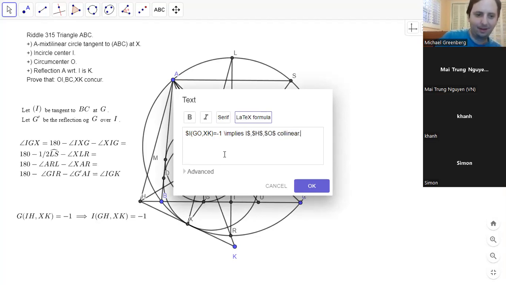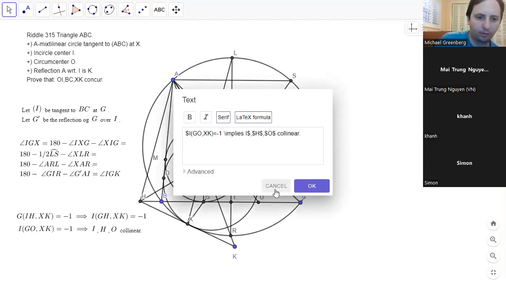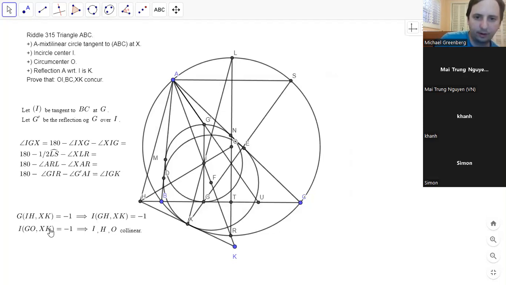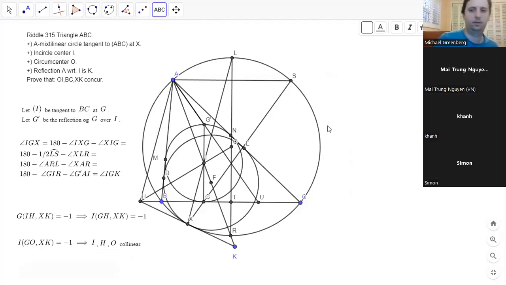All right. So I think that's it. So this is by projecting L, O, and R through I. So I'll just say that.